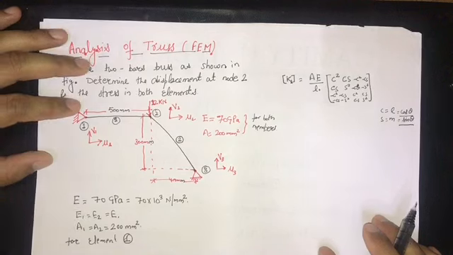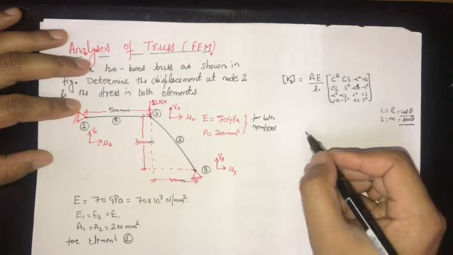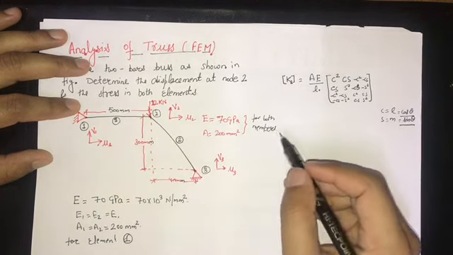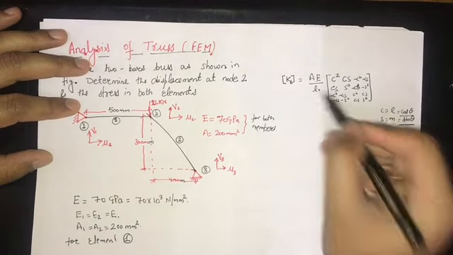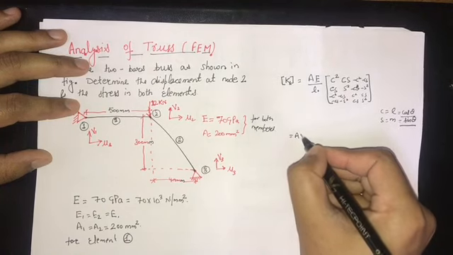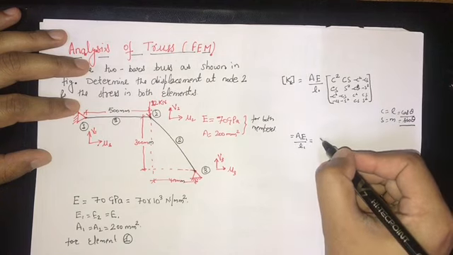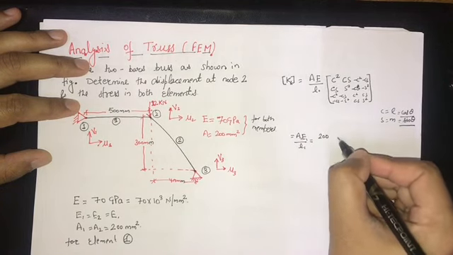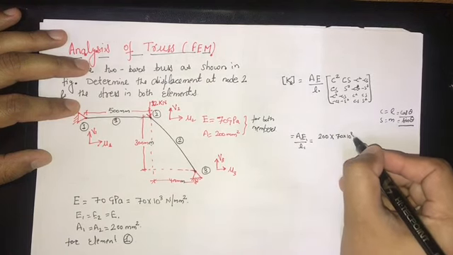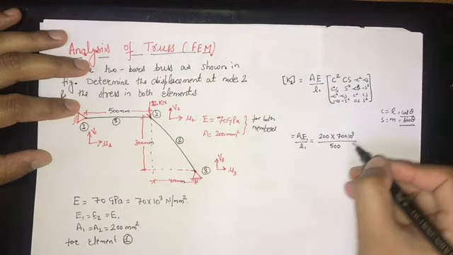So first we calculate AE by L, the area times E divided by the length of the element. For element 1 we know the length, it is 500. That length is directly given in the question. So first we calculate AE by L, that is A1 E1 by L1. A1 is 200 into E1 70 into 10 power 3 divided by the length of element 1, that is 500.